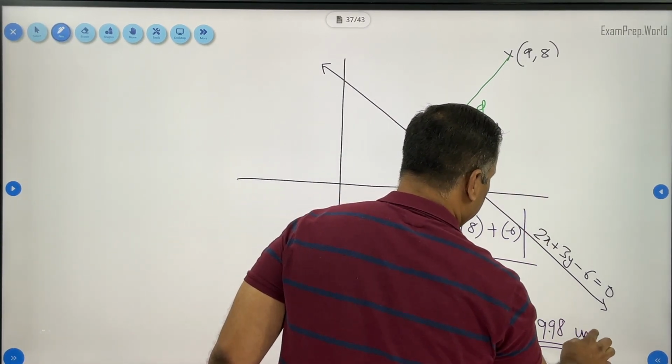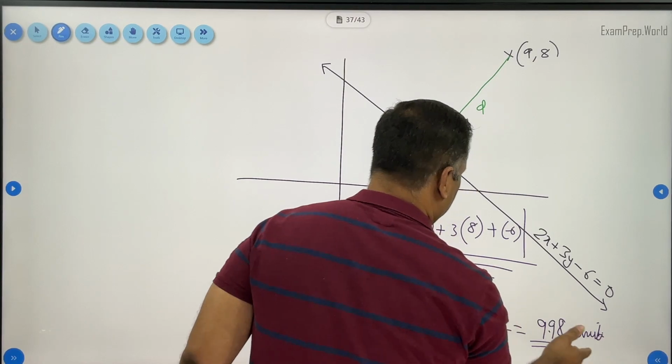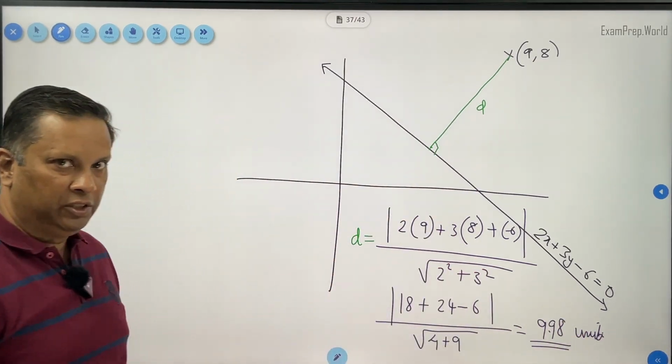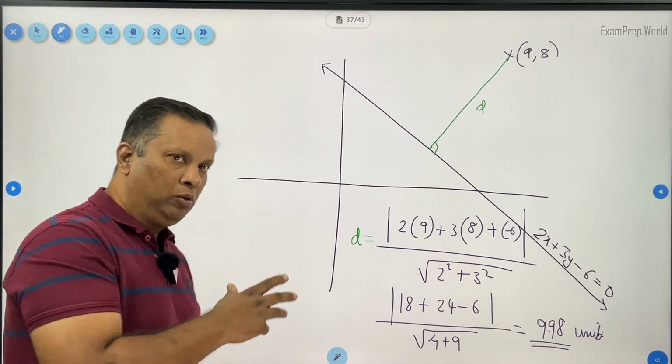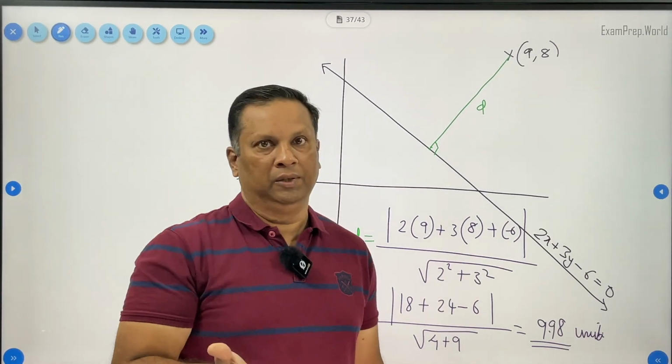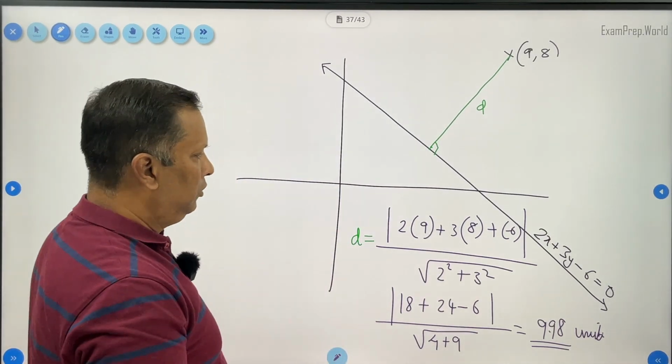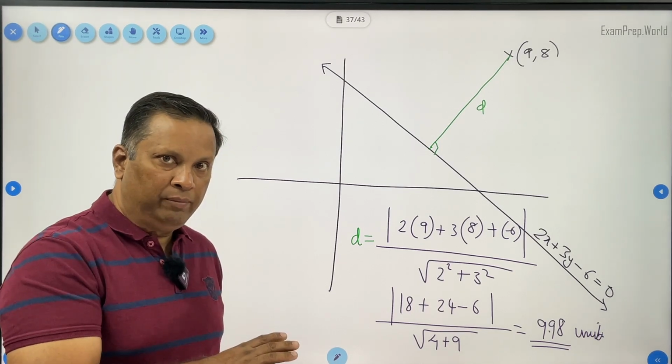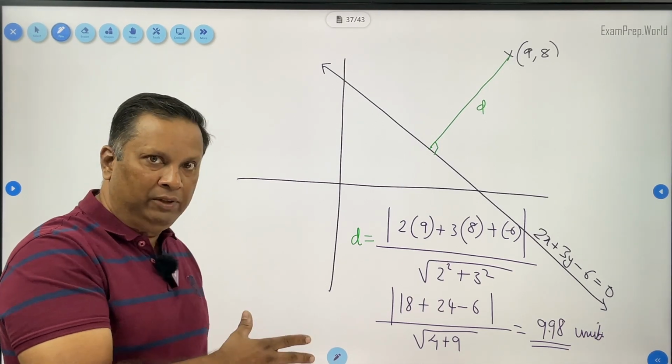I will write units here, because we don't know whether it is centimeter, inches or meters, because they have just given the coordinates. If they ask in centimeter, then it is centimeter, otherwise inches or meters, depending. Okay, so we have learned the formula with a live example.